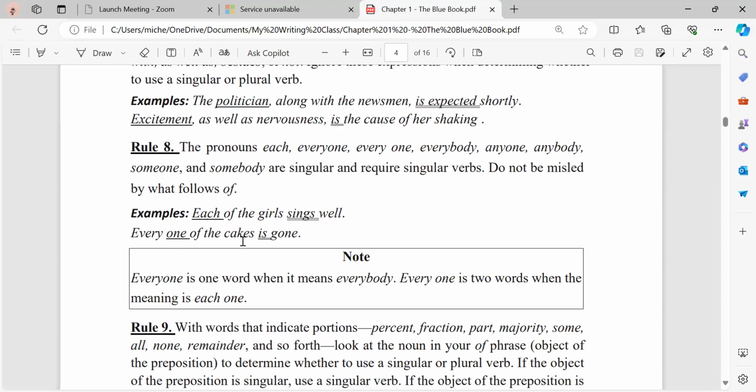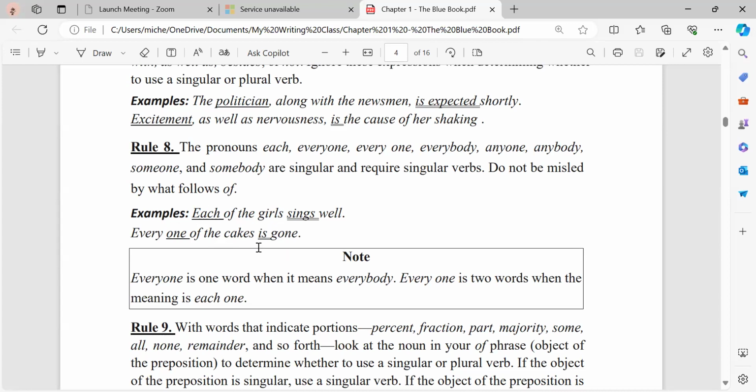And the same goes for the second example: every one of the cakes is gone. Cakes sounds like a plural subject, but since we're talking about each or every one, it should be singular, meaning there's only one. So "one" here is sort of like a clue.